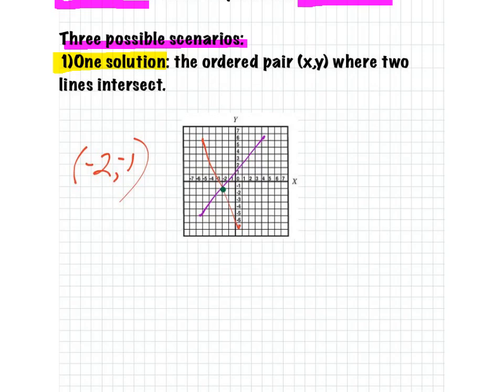So in this problem, both lines intersect right there, and the solution would be -2, -1. So this is the first type of scenario that you will find where your system has one solution.